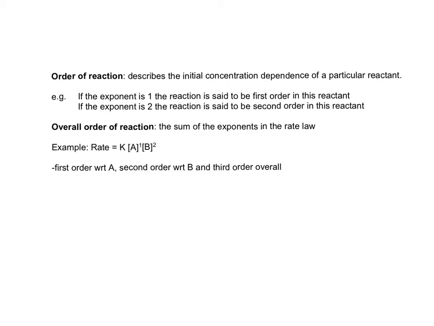The overall order of reaction is the sum of the exponents in the rate law. So if you've got rate is equal to k, concentration of A to the 1, B to the 2, so first order and second order, then it is third order overall. Try to use the terminology first order and second order rather than 1 and 2.